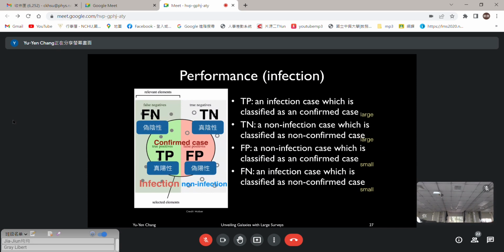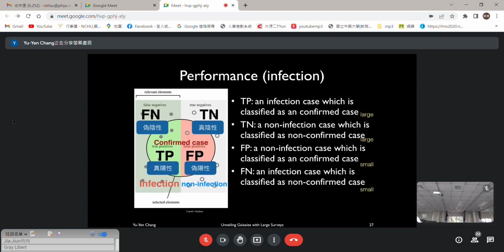If you are familiar with COVID news, you know that we want a very high true positive rate and high true negative rate, and low false positive rate and low false negative rate.